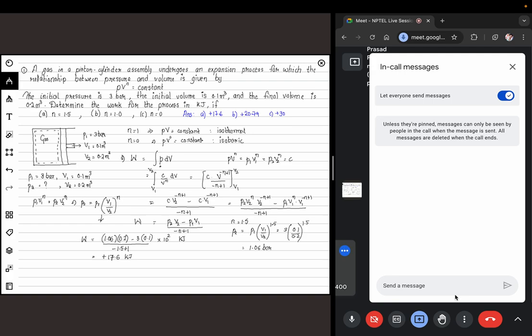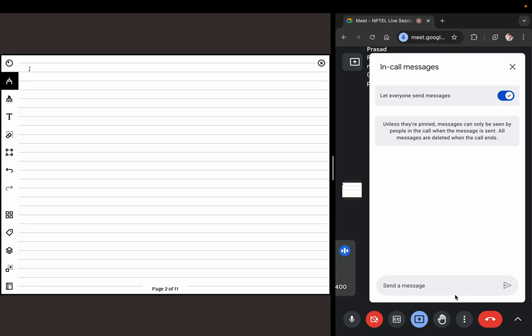Yeah, I hope it's clear. So let's get to the next part of the question. The second part asks where n equals 1, so that is an isothermal process. I'll take forward this equation. For the second case, when n equals 1, if I use the original formula that we derived previously, P2 V2 minus P1 V1 by minus n plus 1, and substitute n equals 1, W will tend to infinity.